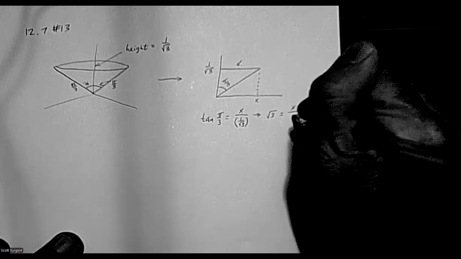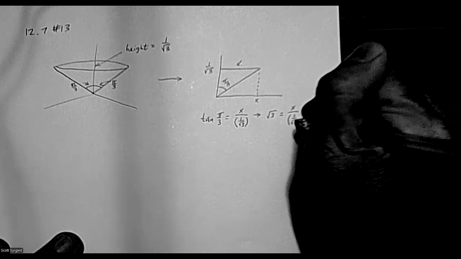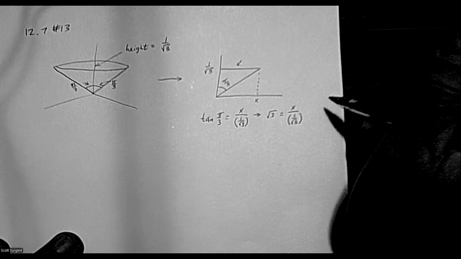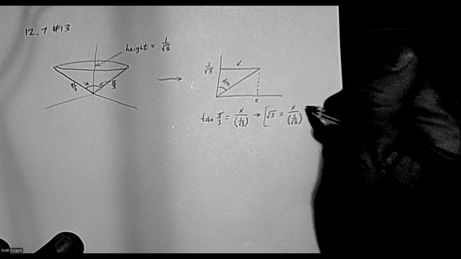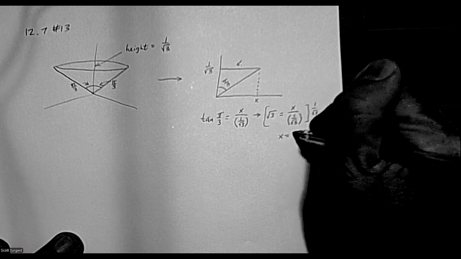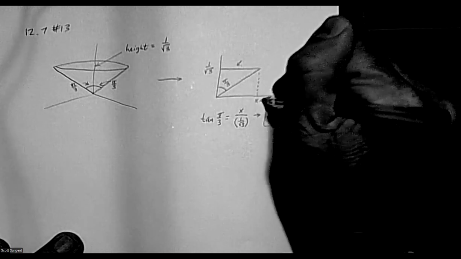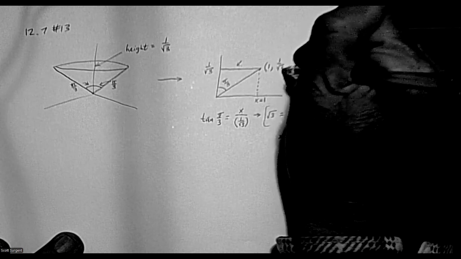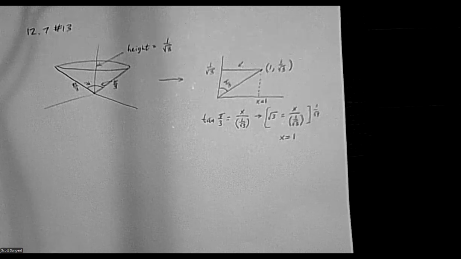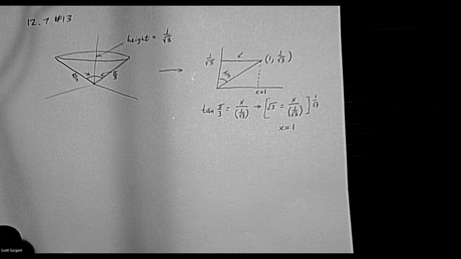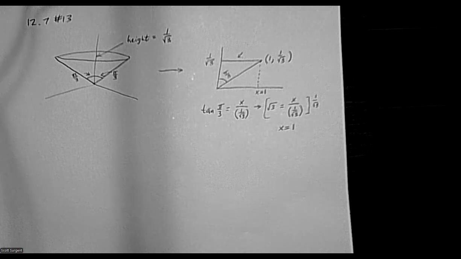And so I have x equals 1 over rad 3 times rad 3, and if I multiply both sides by 1 over rad 3, turns out x is 1. So this is the point 1 and then 1 over rad 3. Does that make sense? Again, stop me at any point, just go ahead and pipe in and let me know.